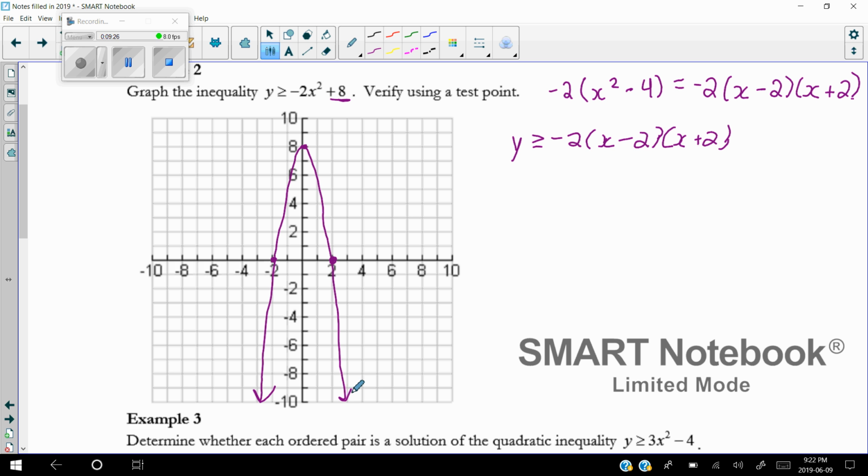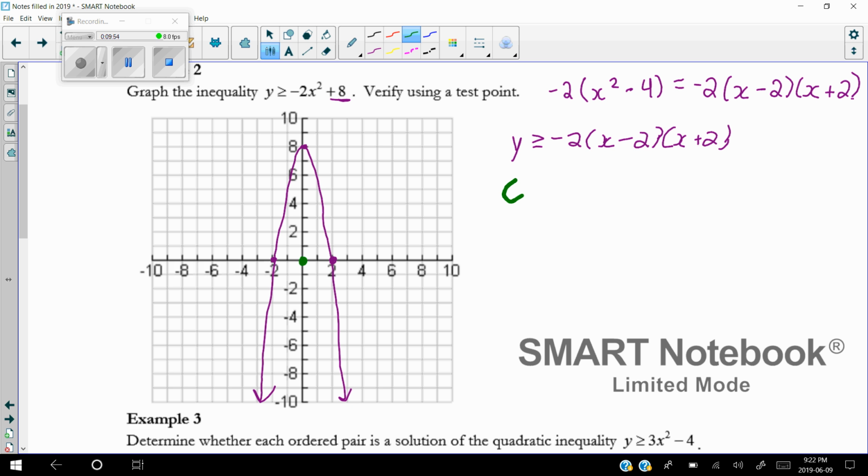All right, and now I pick a test point. I can pick 0, 0, but let's do 0, 0 because I like that number.